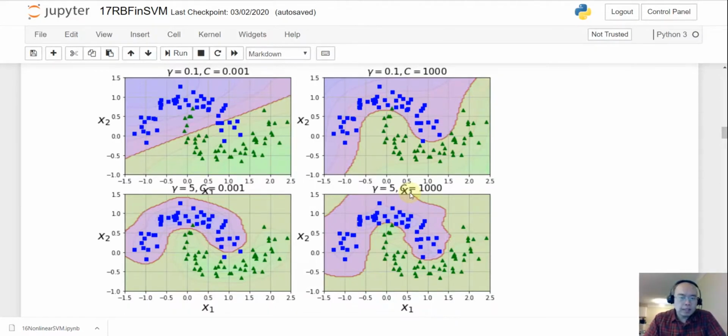For this case, I won't say the overfitted model is that bad, but still I will say that is an overfitted model. Okay, so this is the basic idea on how you want to control the gamma and the C. You don't want to make it very high or very low.